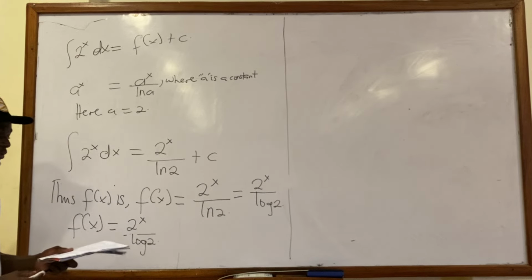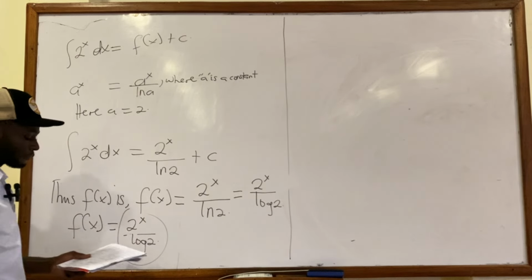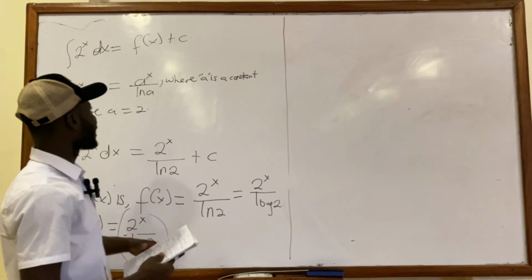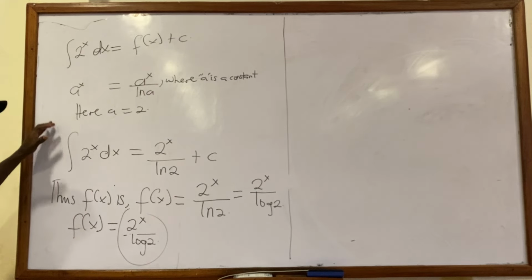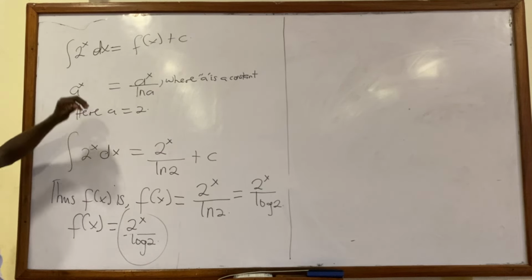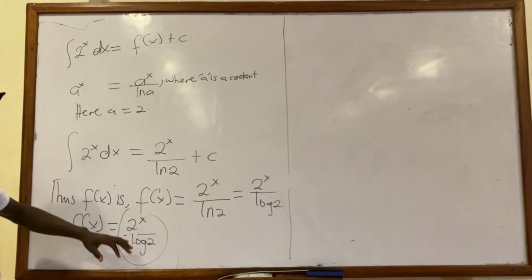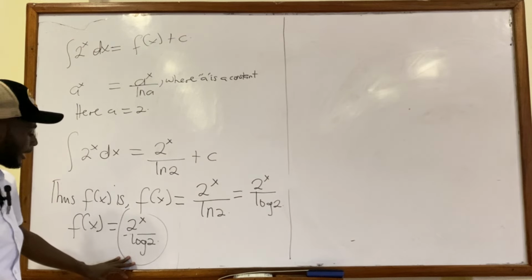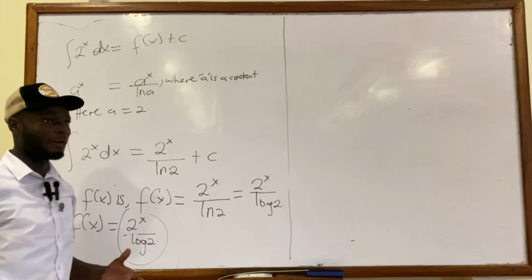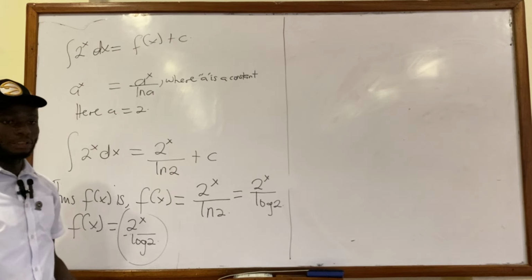So when you integrate 2 power x dx, the outcome is 2 power x over log 2, or 2 power x over ln 2.